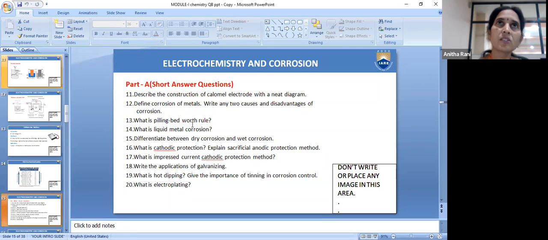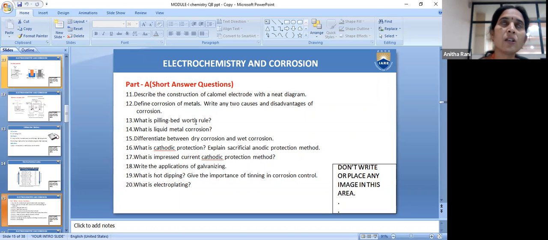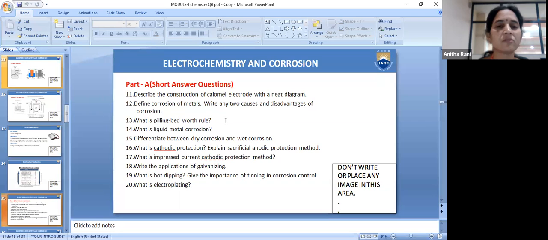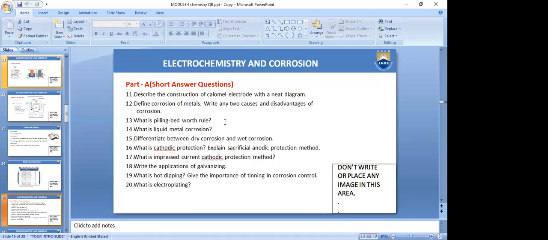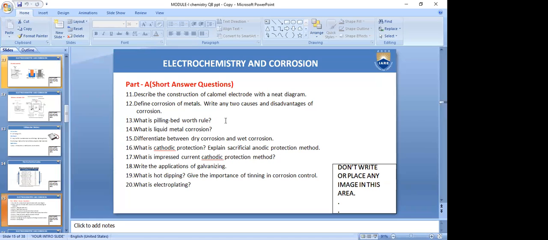If the volume of the metal oxide formed is greater than the volume of the metal consumed, the metal will have a non-porous layer.